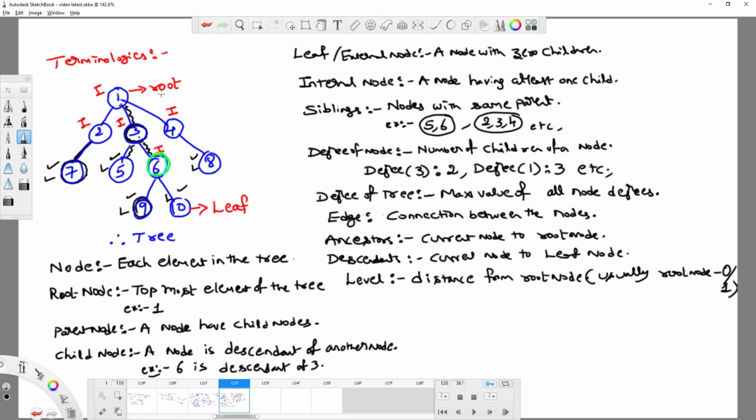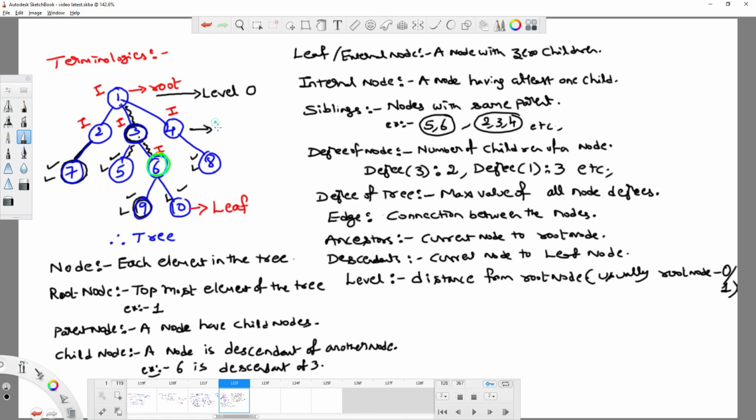So in general, this is what we call level 0. In the exam they might mention the root node starts with level 1. Then the answer will vary. You have to take care about the given question.